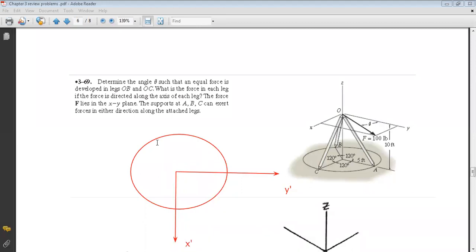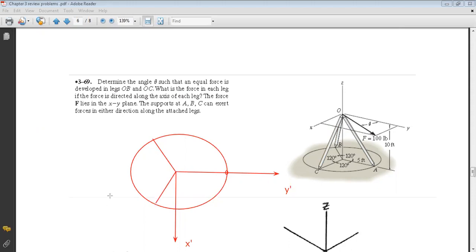What was the location of A? This was A. From the figure, B is making 120 degrees with the Y prime axis, so B will be here, and C will be just here.